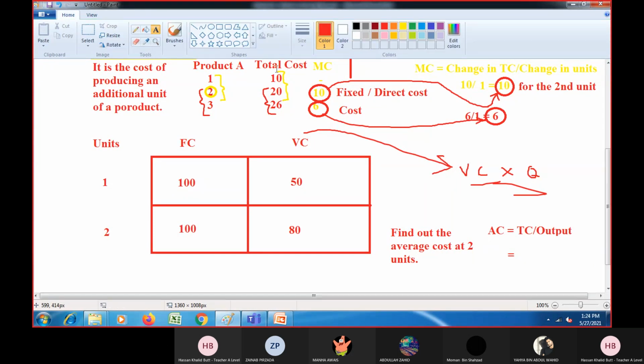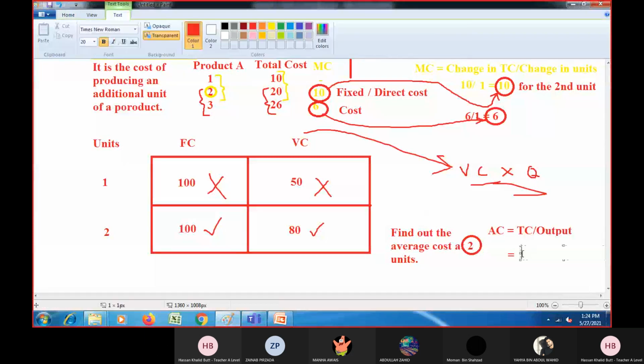Because we are finding it at 2 units, we'll ignore this because this is the value at unit 1. This is not the question. We'll take this value 100 and 80 and add them. Simple as that. This is easy. So we'll get 180 and we'll divide it by 2. So we'll get the answer, that is 90. So at 2 units, the average cost is 90.